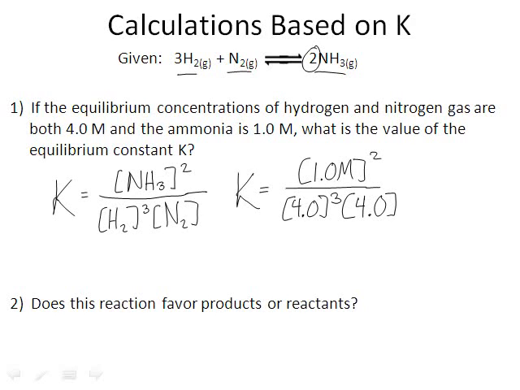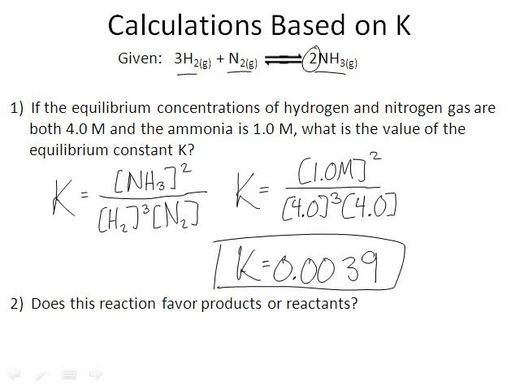So let's type that through the calculator. Take a moment, pause the video, and we'll see if our answers match. Your K value should equal 0.0039, which we have a K value now that we made based on our K expression.